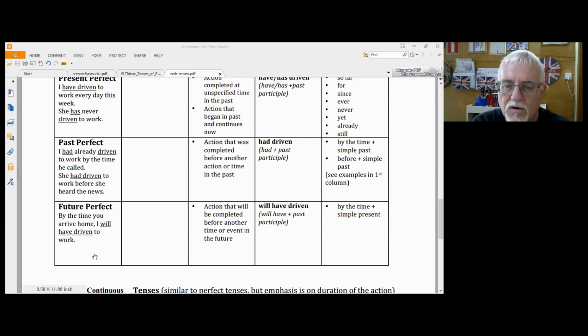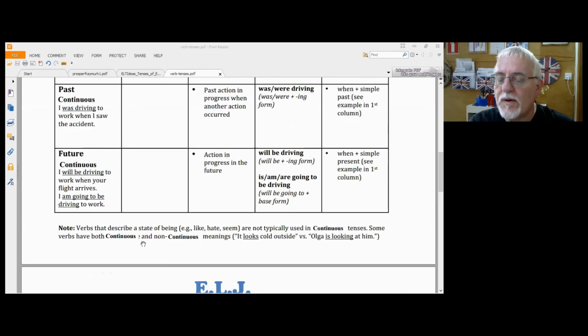And then that's followed up with the future perfect action, okay? So "by the time you arrive home" is the simple present tense. I will have driven to work, yeah? Could have said, by the time you arrive home, I will have gone to work, yeah? So that's the future perfect tense.